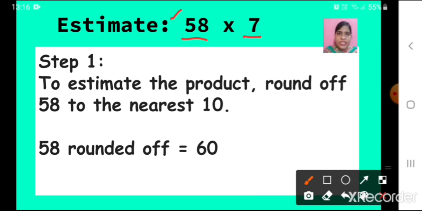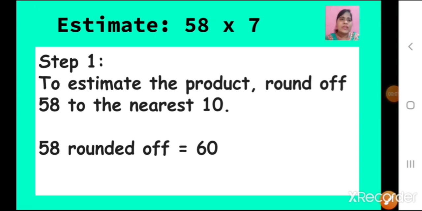If it is a 3-digit number, then we round off to nearest 100, and if it is a 4-digit number, then we round off to nearest 1000. Same for the multiplier. In this case, the multiplier is a 1-digit number, so there is no need of rounding it off. Only the multiplicand we are going to round off.